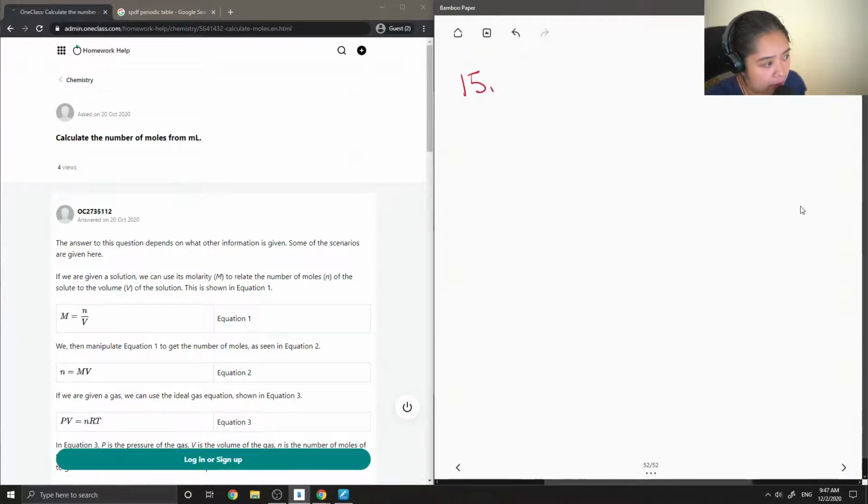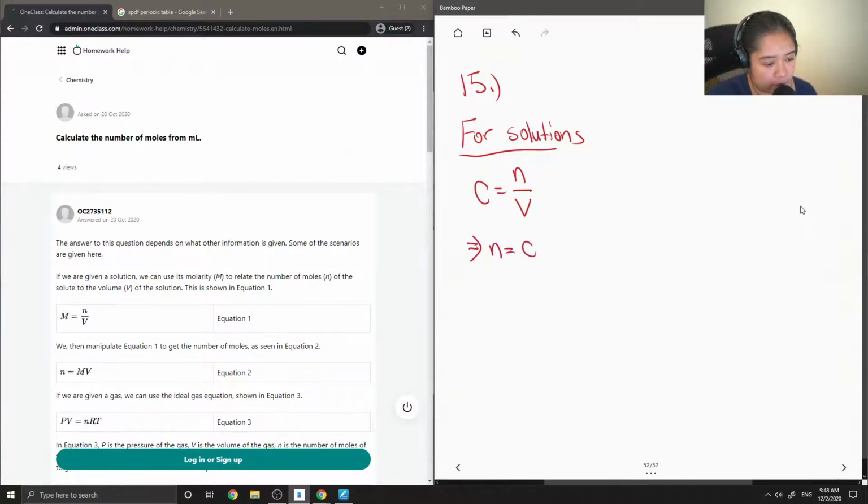Calculate the number of moles from milliliters. So this can be done in two ways depending on what type of substance you have. For solutions, we can simply use the equation where concentration is equal to number of moles over volume and rearrange it to solve for moles.